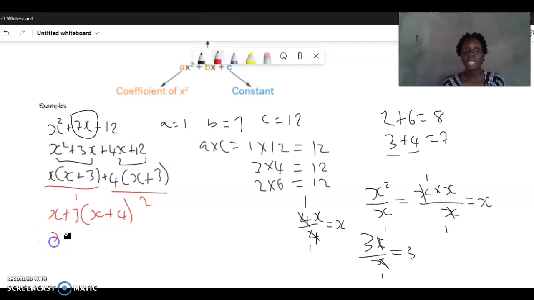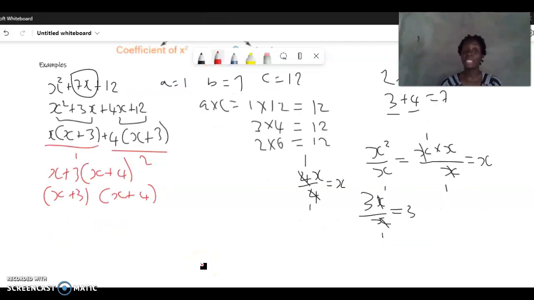The two factors are x plus 3 and x plus 4. Wonderful, isn't it? And I'm certain you will definitely explore this method. Now what if we want to find the value of x?